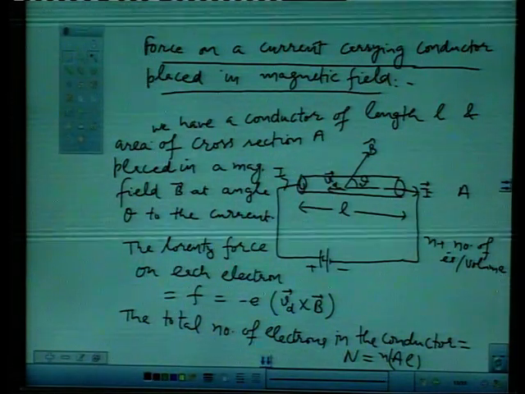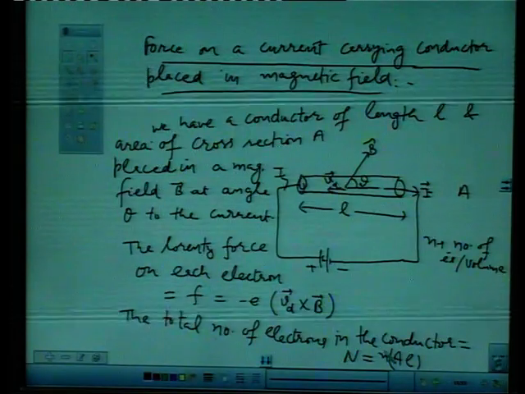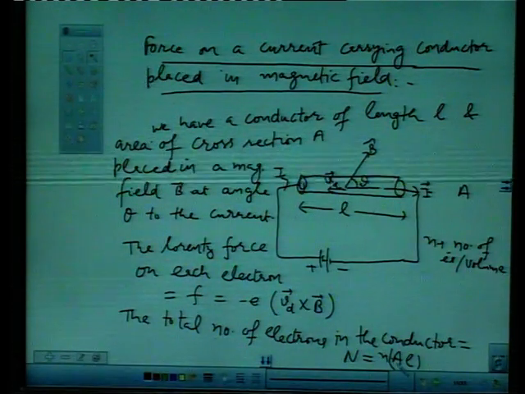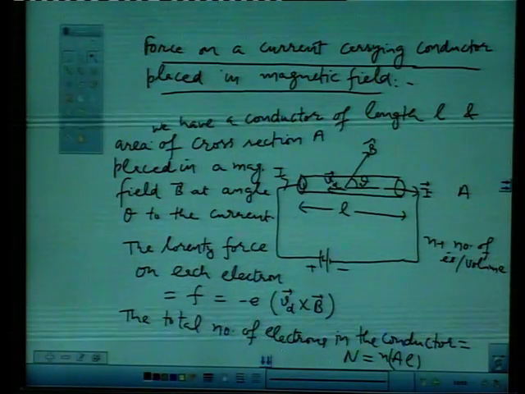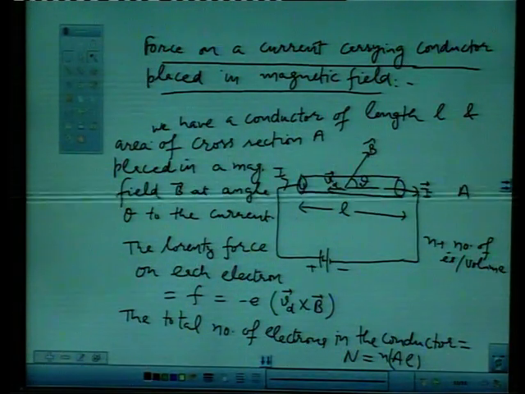If we multiply it by the total volume A into L, where A is the area of cross section and L is the length, then we have the total number of electrons, capital N.